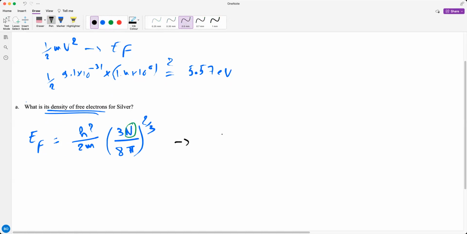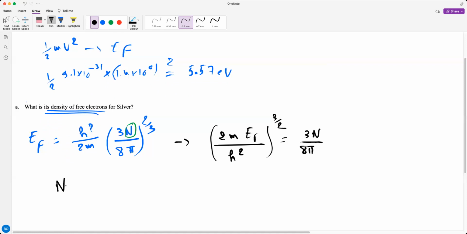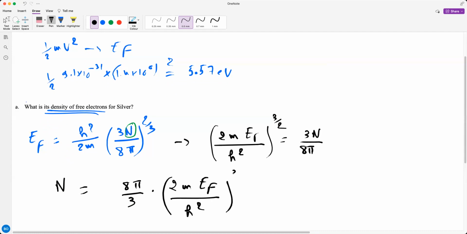This means that 2m times the Fermi energy over h squared, to the power 3/2, is equal to 3n over 8 pi. This means the number of free electrons that I'm looking for is equal to 8 pi divided by 3 times 2m, the Fermi level, divided by h squared, to the power 3/2.